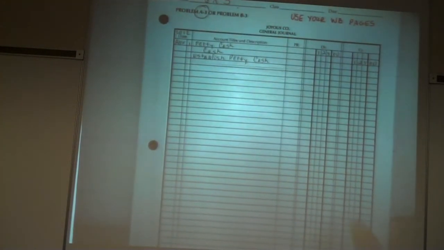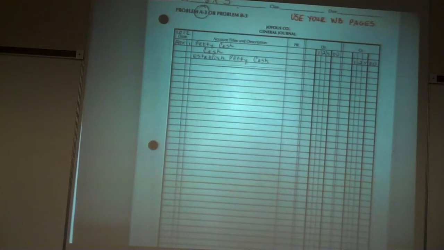The second part of Chapter 6 was where we created a petty cash account. And we did our demo problem with the auxiliary petty cash account, or record. And when we opened up the account, that's the only time that we use the petty cash account.